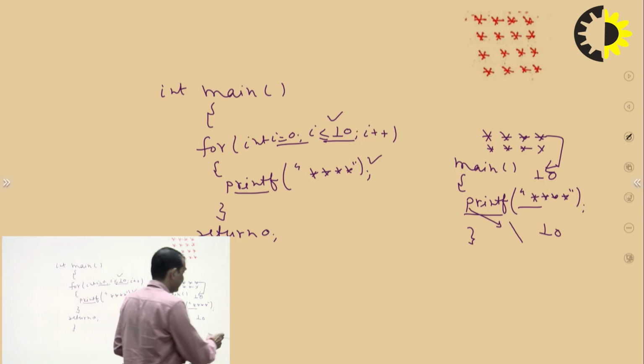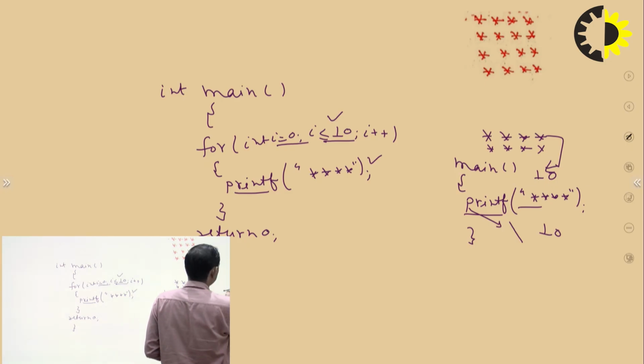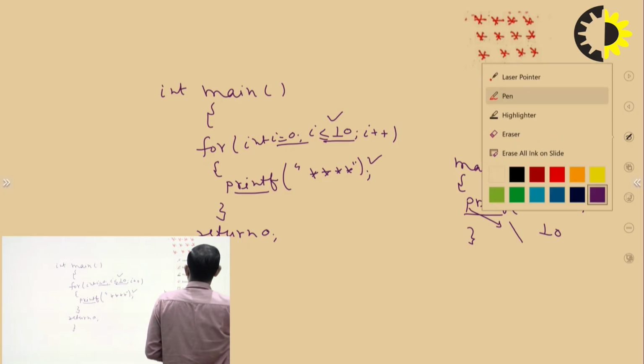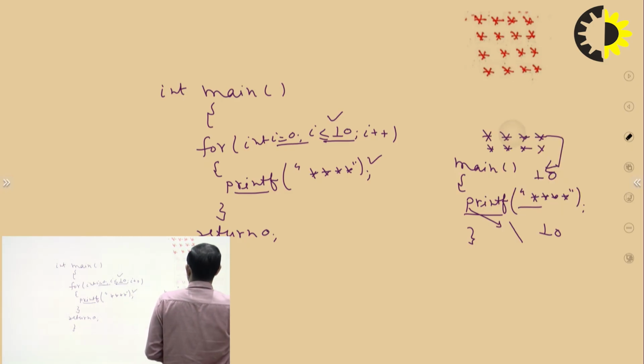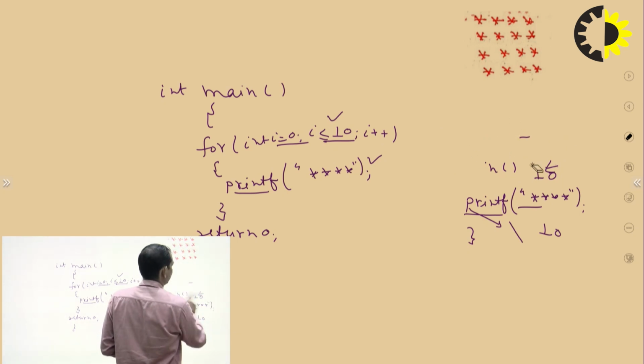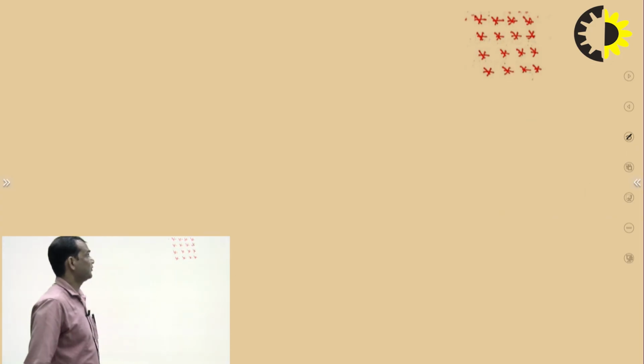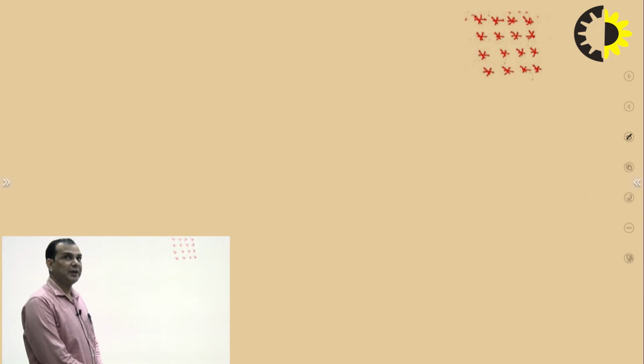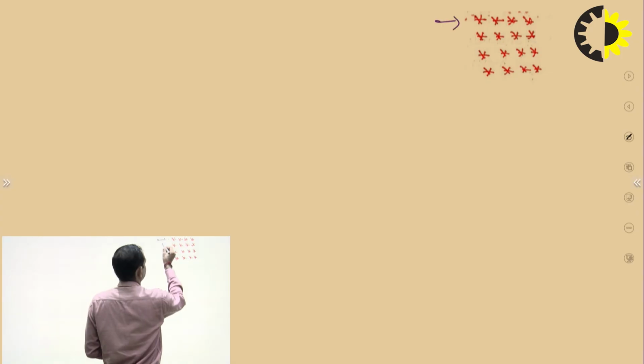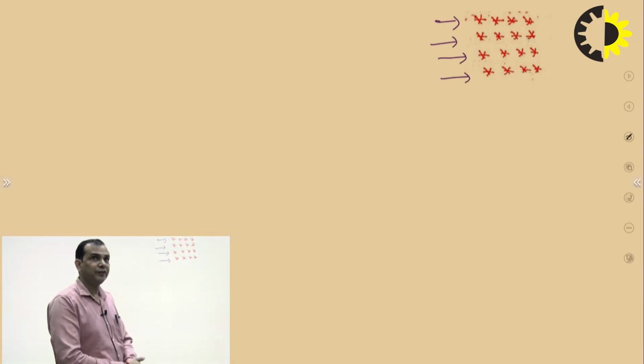So when we are doing pattern printing, we are doing the same thing. Now suppose we have the first problem. If we want to print a pattern like this, we replace it in a 2D array, in matrix form.